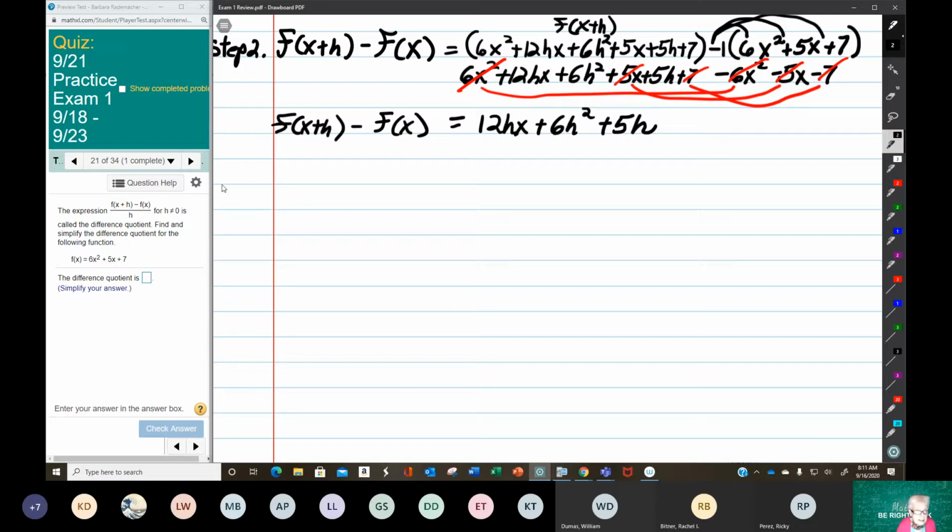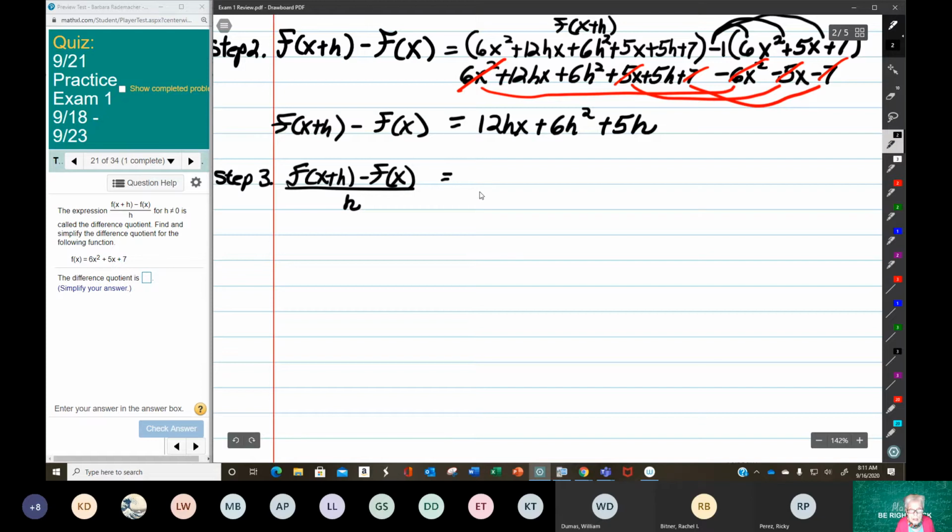And then finally, step 3. The difference quotient is f of x plus h minus f of x over, or divided by, h.